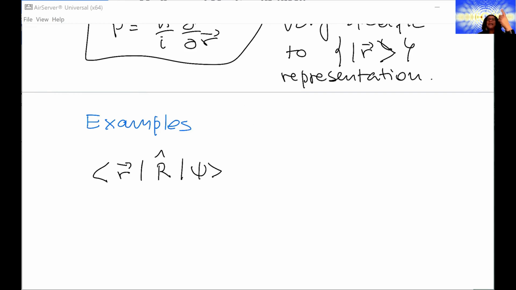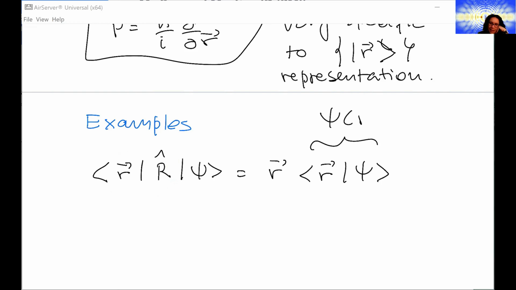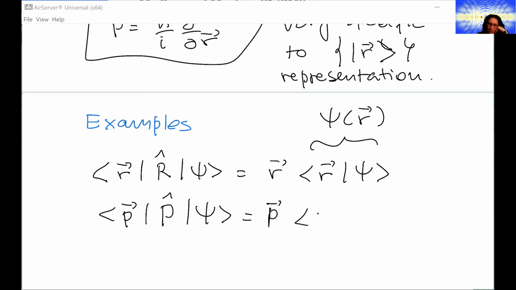Because I know I can use eigenvalue equations, I can apply this to the left, and I'll get r <r|psi>, which is psi R. And if I do the same for P, <p|P|psi>, applying this operator on this bra to the left, I'm going to get p <p|psi>, which is psi P.